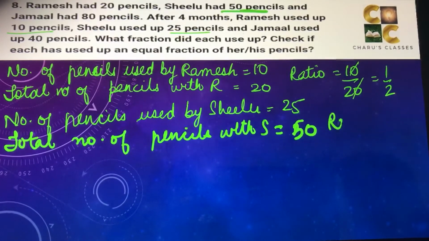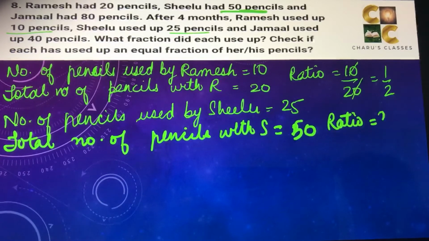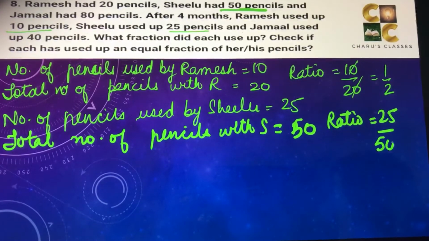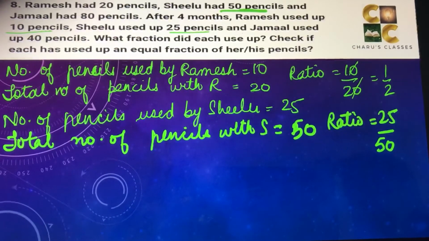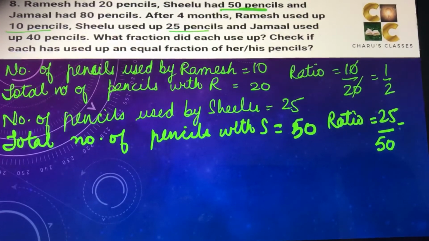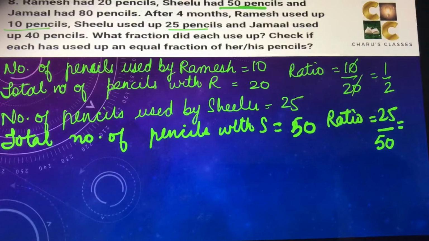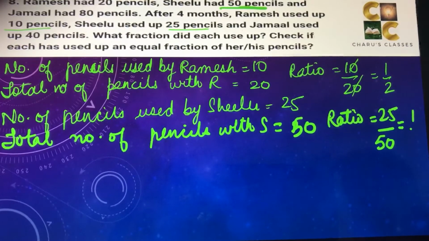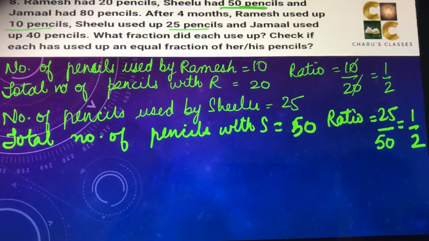So the ratio in this case, ratio of pencils used up will be 25/50. And you know 25 2s are 50. Otherwise आप 5 से इसे divide करके देख सकते हैं. That will give you 5/10 and 5/10 cancel होके again it is giving you half.